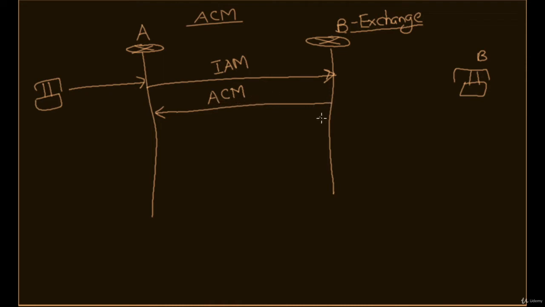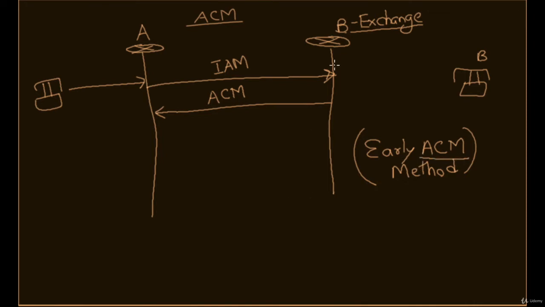If it does this kind of indication, then it is called the early ACM method. Early ACM method is basically when the destination exchange provides the information about the status of the end party in the ACM itself.